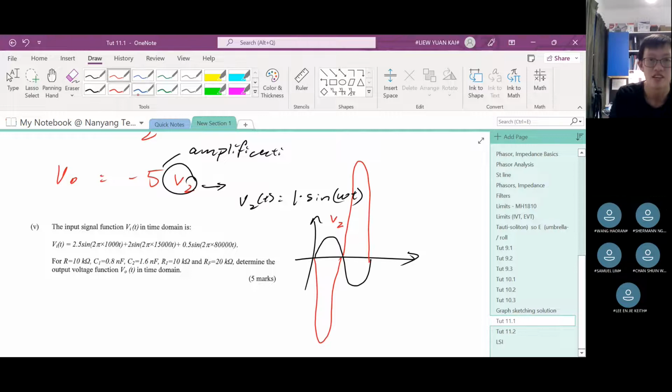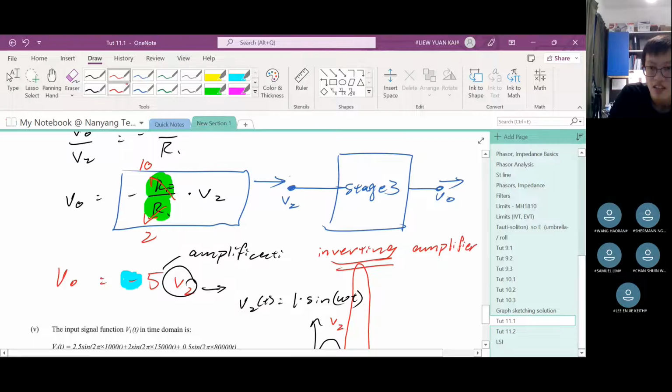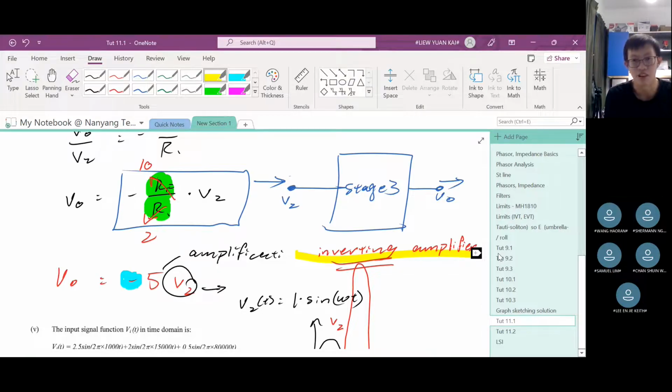So altogether, when you see that this is a negative, this tells you that it is inverting. Okay, the proper word here is called inverting. Then you see it's scaled by some number, so it is called an amplifier. Together, we call this an inverting amplifier. That is what inverting amplifier is about.